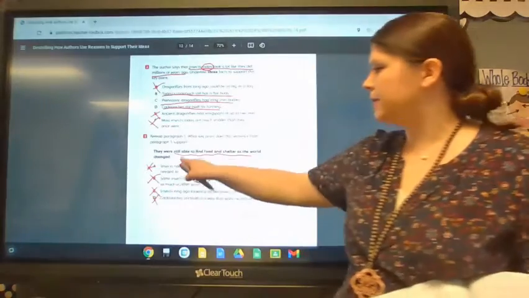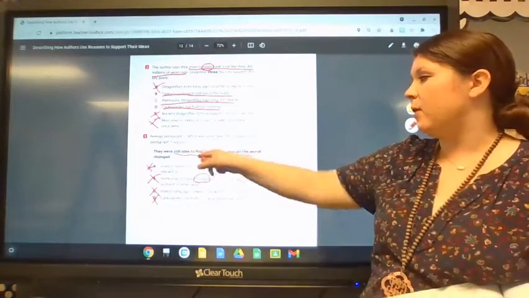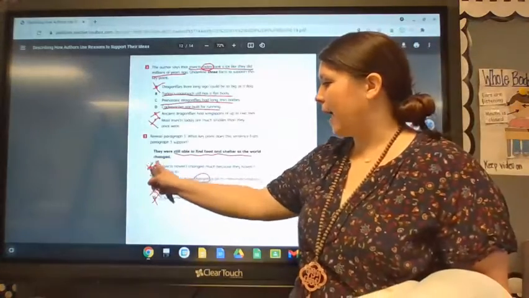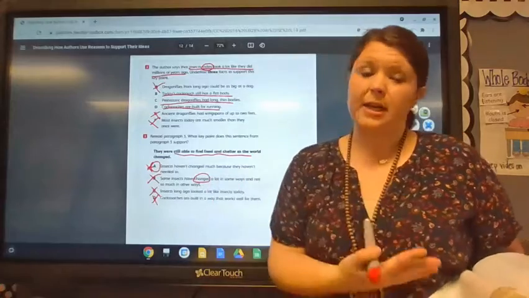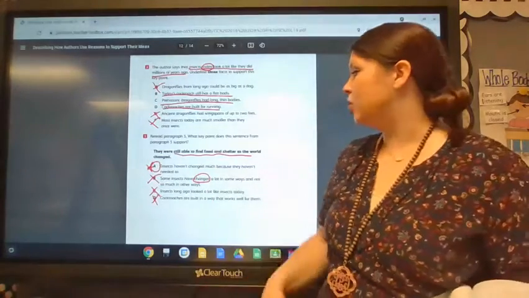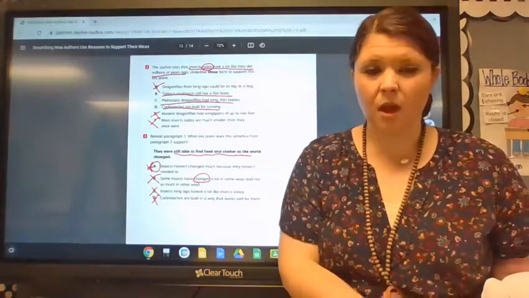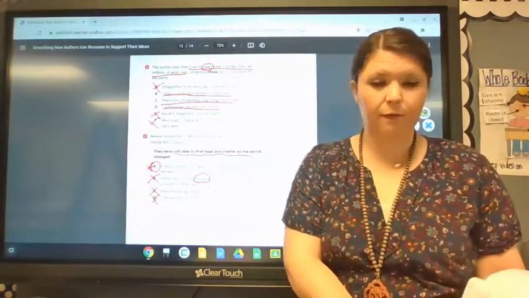That does not tell us the key point that is supported with the reason they were still able to find food and shelter as the world changed. This A does. The key point is that insects haven't changed much because they haven't needed to. They haven't needed to change because they're still able to find food and shelter. Okay? All right, now let's go ahead and go on to number 4. Number 4.